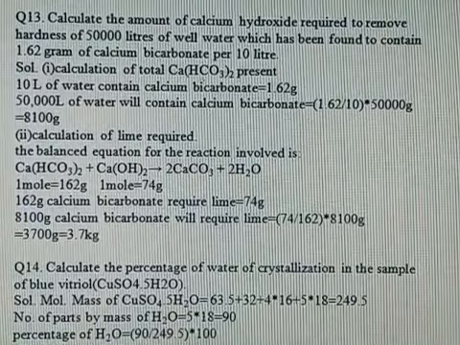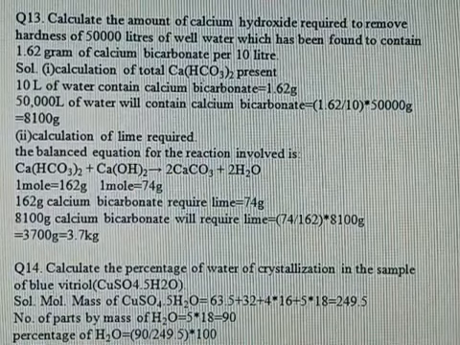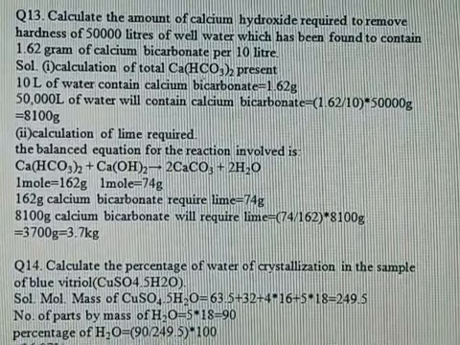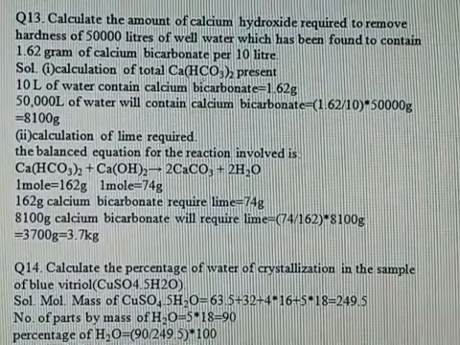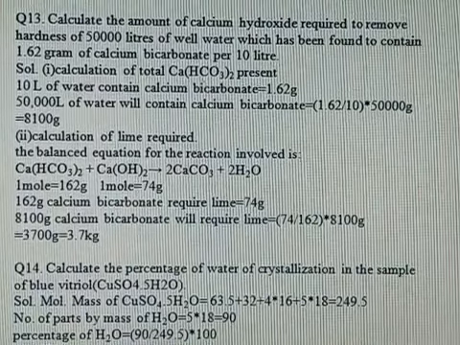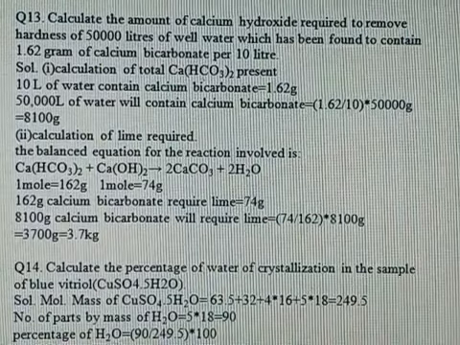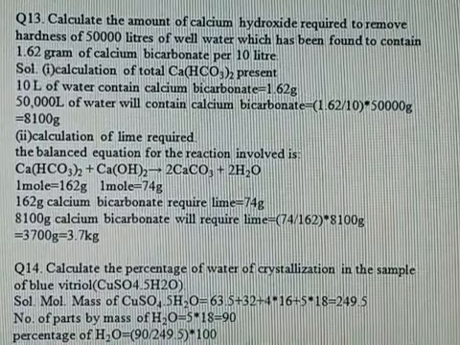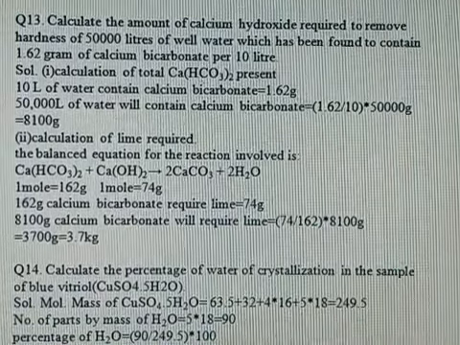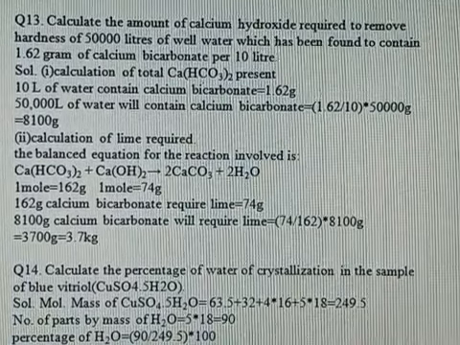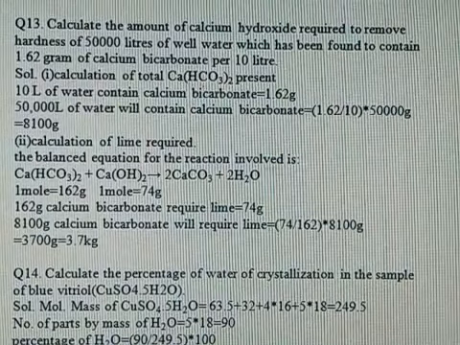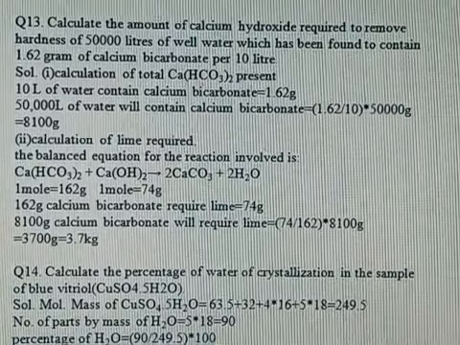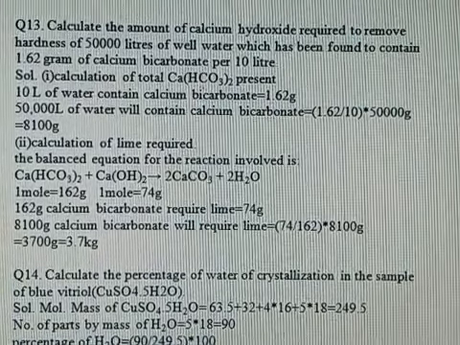And 8100 gram of calcium bicarbonate will require lime, that is calcium hydroxide, equal to 74 divided by 162 into 8100 gram, which is equal to 3700 gram, or we can say 3.7 kilogram. So this is how you can calculate the amount of calcium hydroxide required to completely react with the calcium bicarbonate.